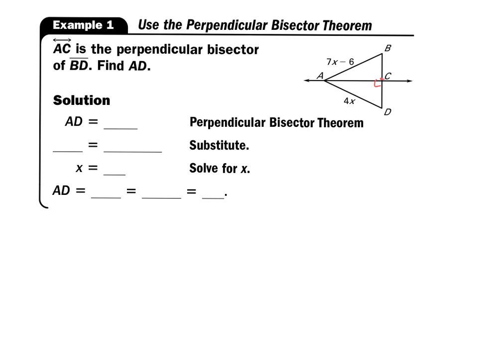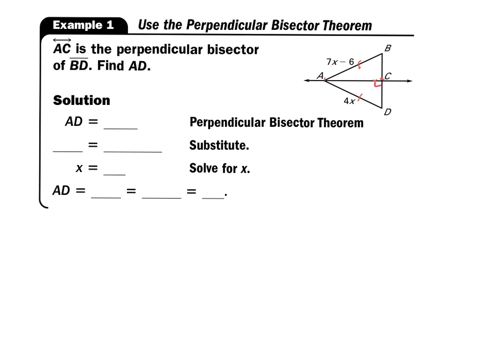So it's very useful when it gives us information like that. And also by the perpendicular bisector theorem, I also know that AB and AD must be congruent, must be of the same length, right?